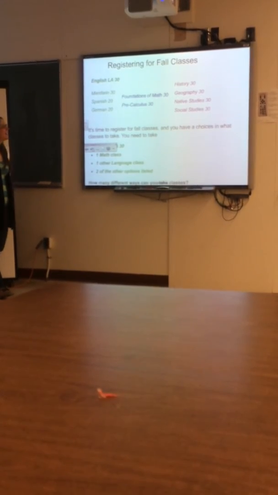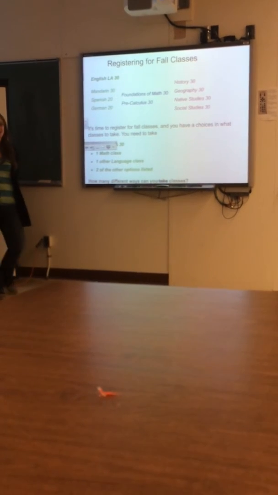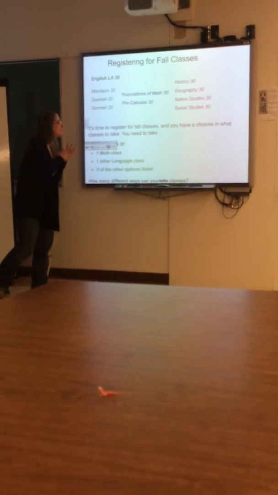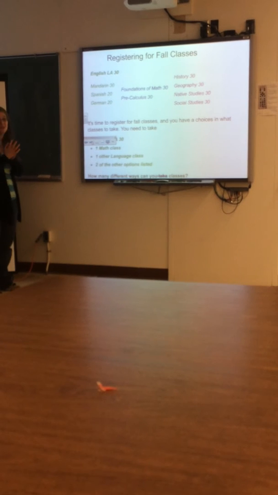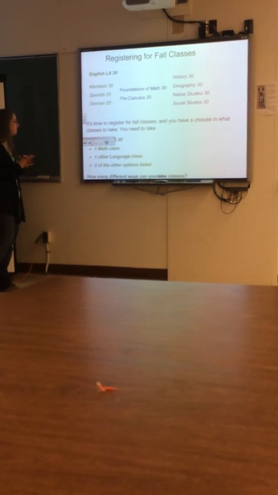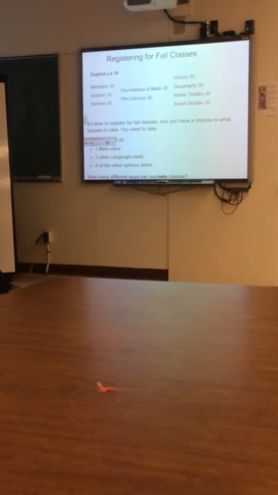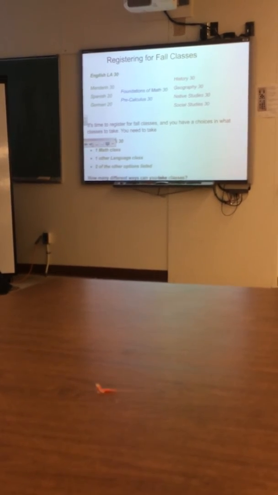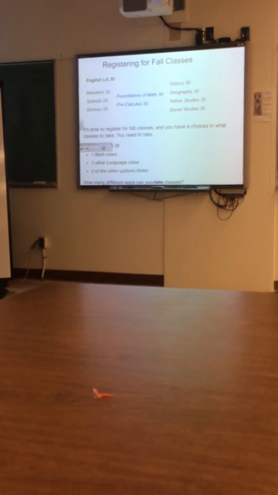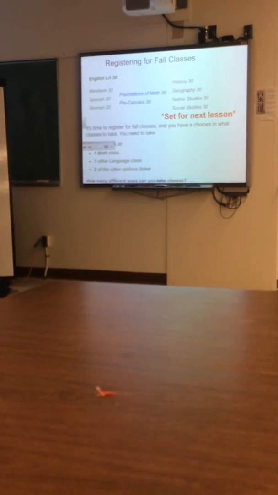All right, and then I had a slide about registering for fall classes. Something that the students would relate to and something that they would have to go through. We thought it was a really good slide, but we realized that we probably couldn't fit it into this lesson, so we decided that we would use this to set up our next lesson for the kids.